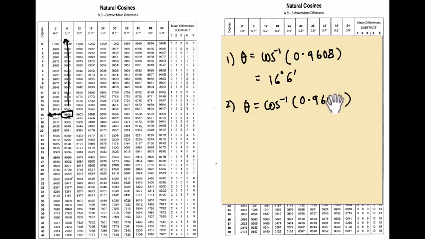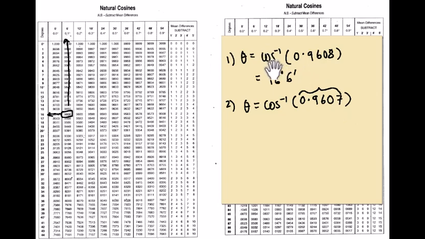In the case of sine and tan, you always try to find a number which is given here or slightly less than the number given. Here, because the mean difference is to be subtracted, you will try to find a number which is the same as the one given or slightly greater than it. The number slightly greater than 0.9607 is 9608.